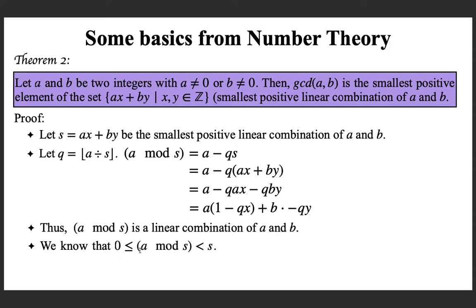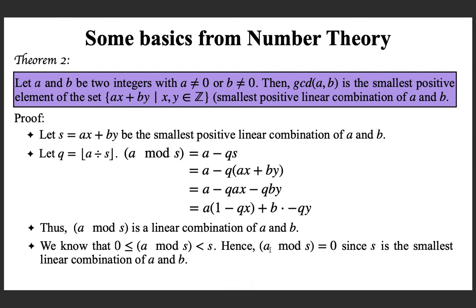Now, we know that the remainder of dividing A by S must be between these two. This is what we know from the division theorem. Theorem 1 is saying that the remainder of dividing A with S is greater than or equal to 0 and less than S. Now, we have A mod S equal to 0. Why?